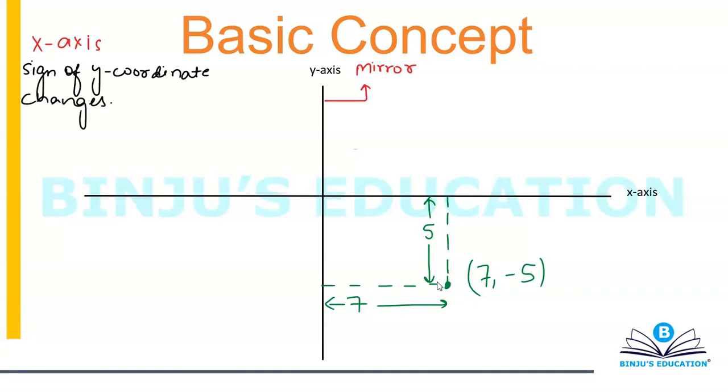Now if you have a point in the fourth quadrant and you want to take its reflection along y-axis, I believe you all know where the image will be formed. The image will automatically be formed in the third quadrant, somewhere here.